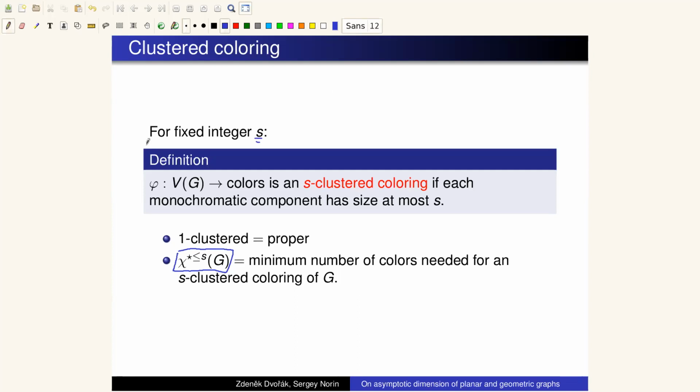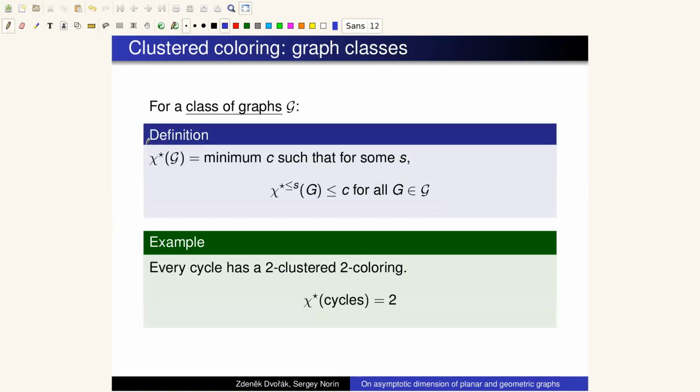You still can get some interesting results when you fix s to be some particular value, but since we are rather more interested in things qualitatively, it's more natural to consider the clustered coloring for graph classes.